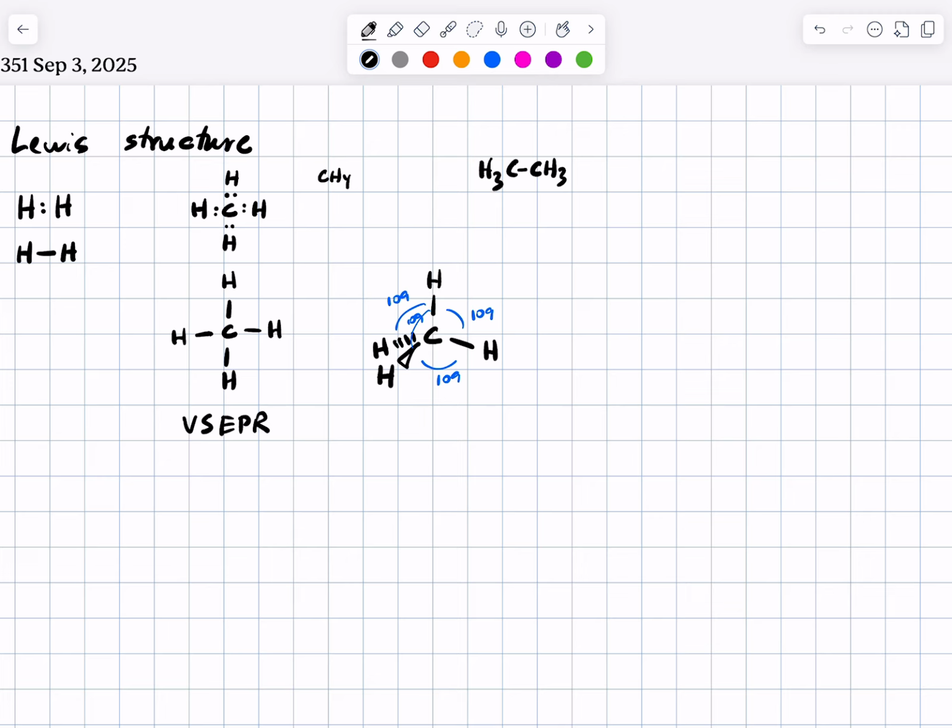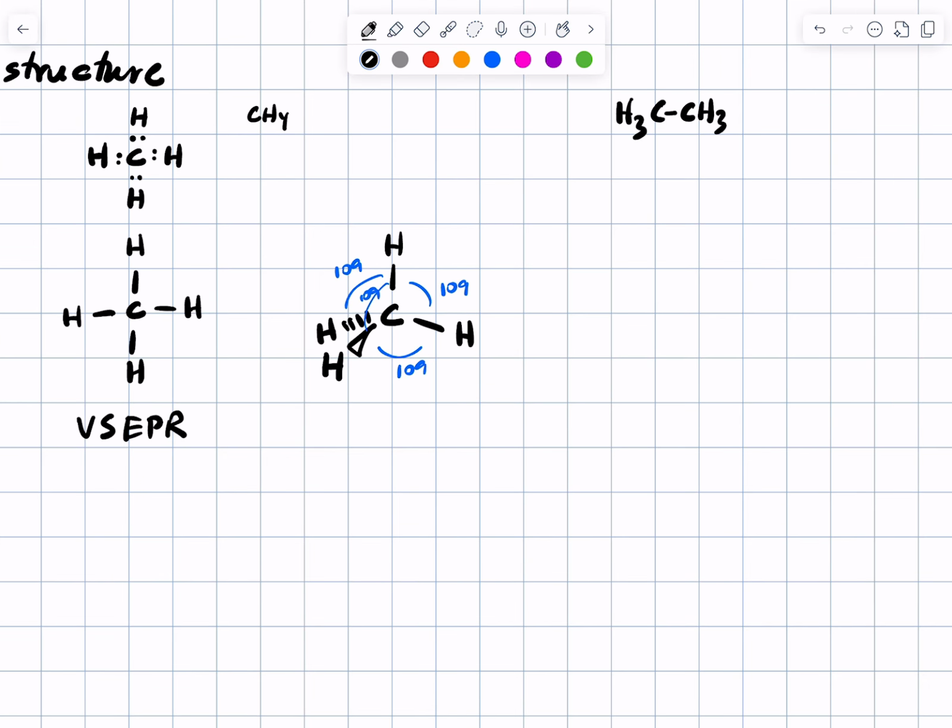I'll actually draw a line in between the 2 of those. That will be 2 carbons. Both of them are surrounded by 4 things, so they should both be tetrahedral. And so I can draw that like this.